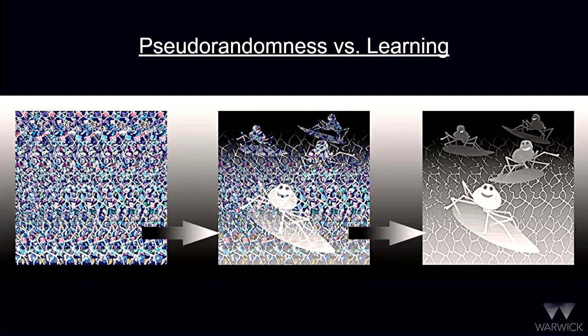I don't know if you're familiar with these magic eye puzzle games, but I think it illustrates the phenomenon that I'm talking about. Because learning, on one hand, is all about being able to pick some structure out of a random-looking environment, whereas pseudo-randomness really depends on any structure that is present remaining hidden. So that's the source of the tension there.